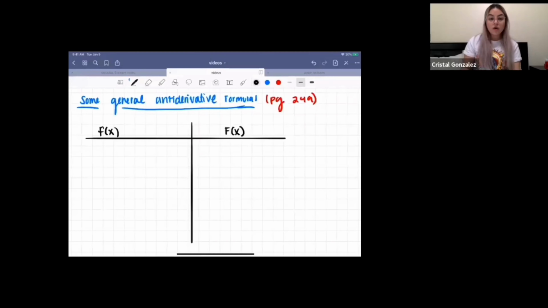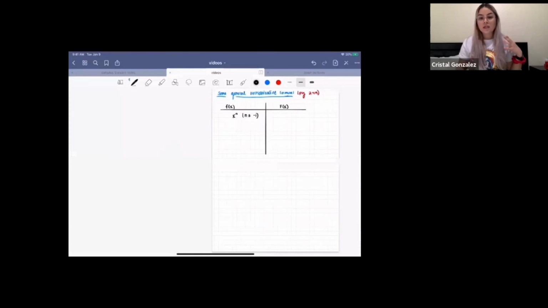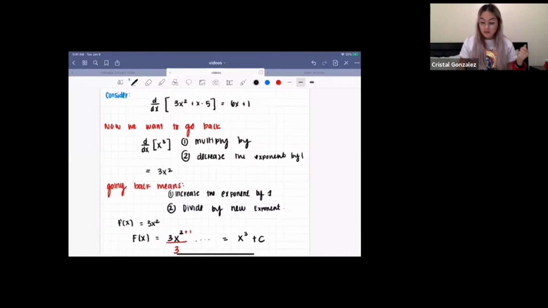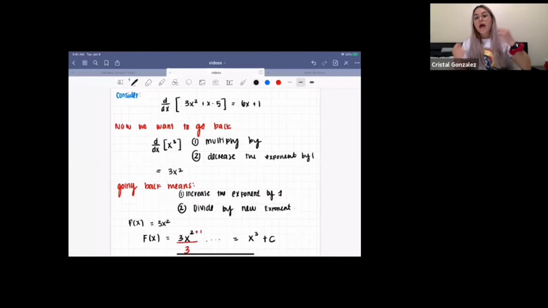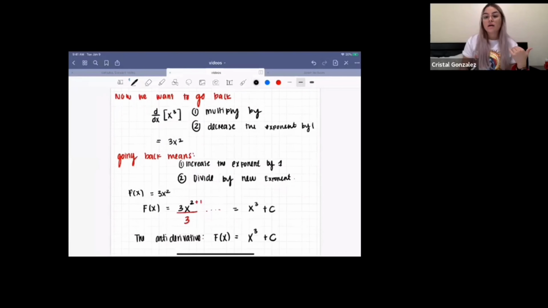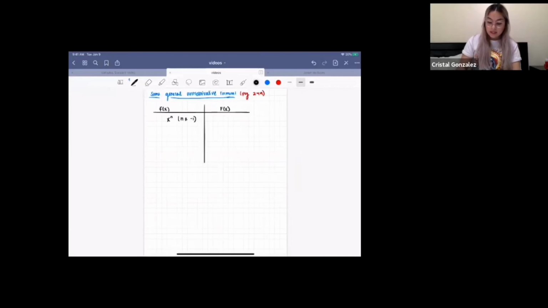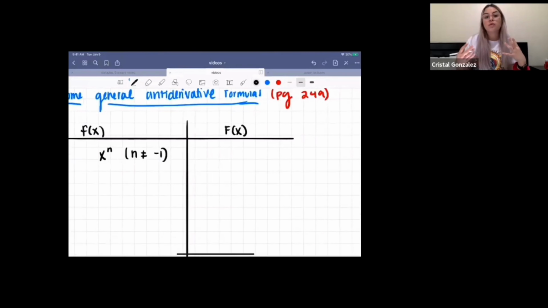Okay, so the first one is if we have x to the n, with x obviously not equal to -1, we're going to do that backwards kind of power rule that we talked about at the beginning of the section. Remember that I said that if we wanted to go backwards, then we would increase the exponent by 1 and then divide by the new exponent. So that's exactly what the backwards power rule will do for antiderivatives. You're going to increase your exponent by 1.